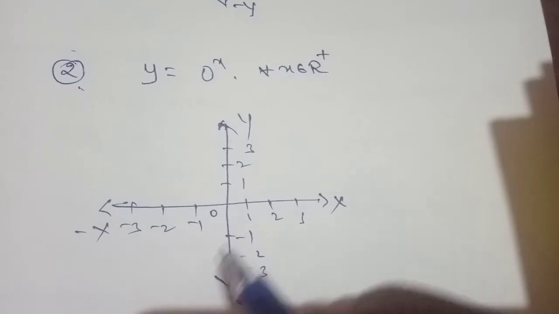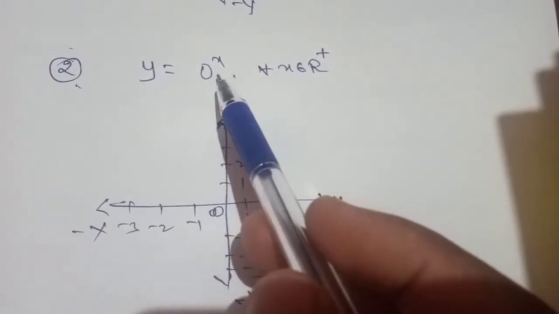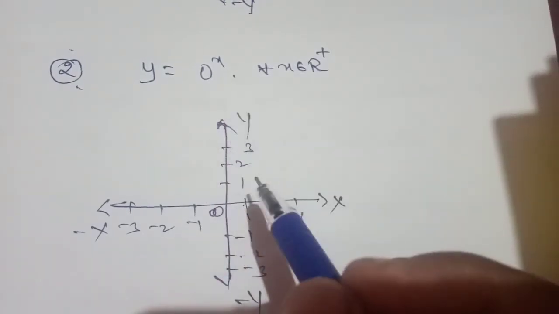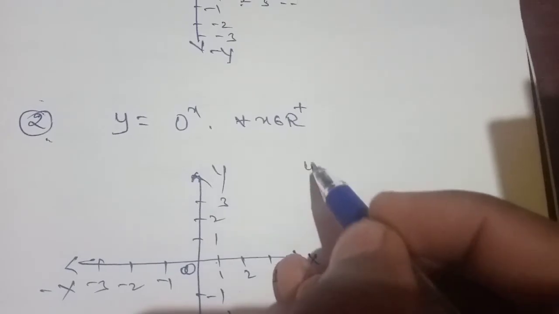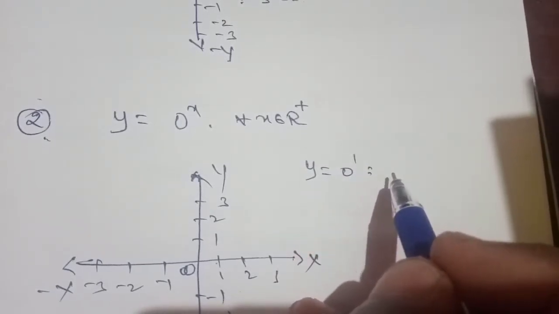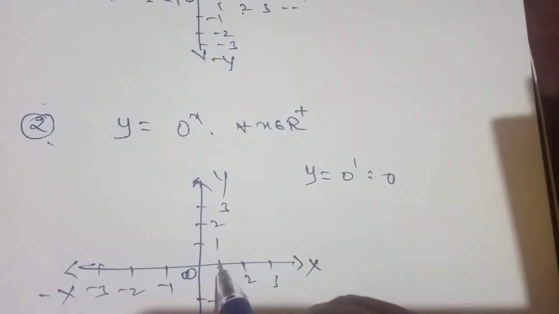In a similar manner, by giving the x values, I get the y values. If I give x is equal to 1, y is equal to 0 power 1. 0 power anything is 0, so I get the point with y value 0 here.